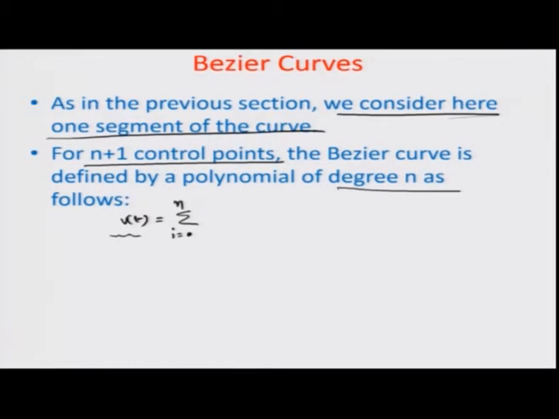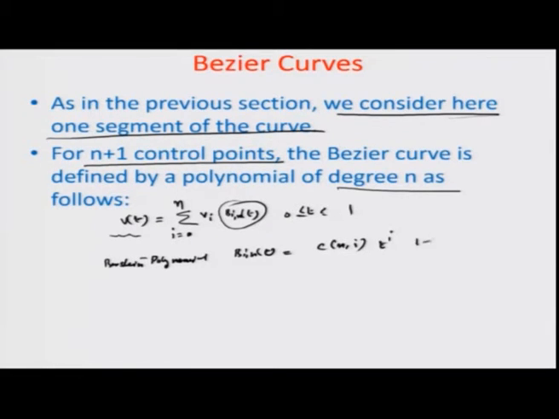So, there are exactly n plus 1 points, and this would be represented as V_i B_i,n(t), where t varies between 0 and 1 and is the parameter, and B_i,n is the Bernstein polynomial. Okay, so the Bernstein polynomial is defined as the combination C(n, i) t to the power of i times (1 minus t) to the power of n minus i.